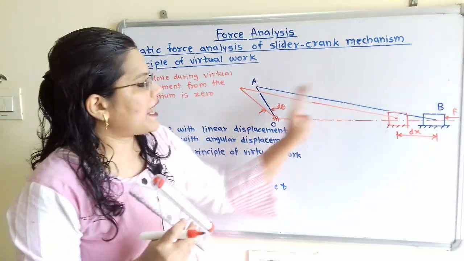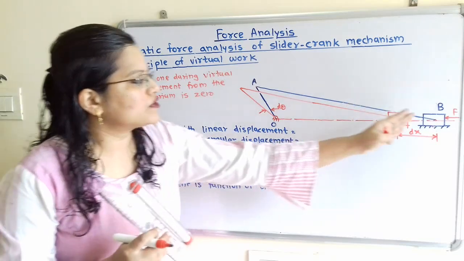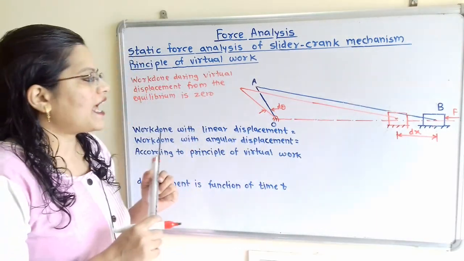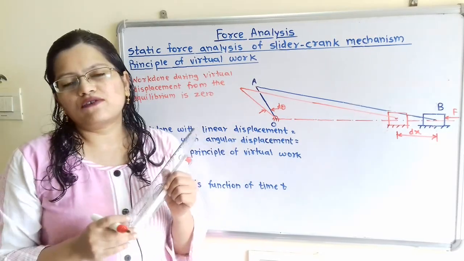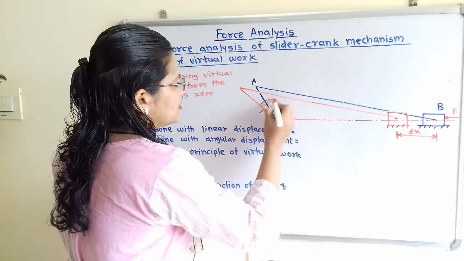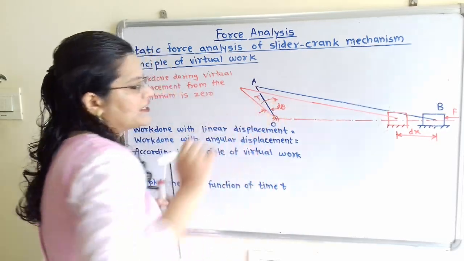Now when this slider crank mechanism tries to displace from its original position, then there is the applied torque T, and we have to apply this torque T in the opposite direction. So here is the direction of the torque T.